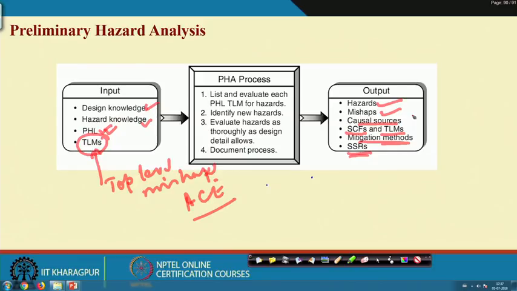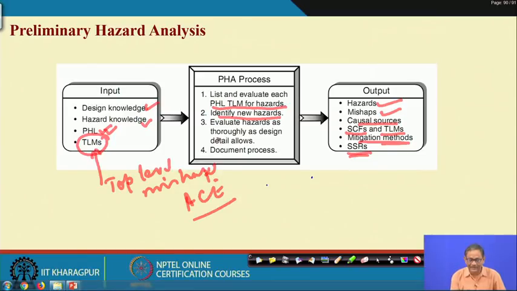And how do you do this PHA process? List and evaluate each PHL top level mishap for hazards. You have PHL 1, PHL 2 and so on. In the missile system there are 50 preliminary hazards, and for every PHL there will be some top level mishaps, so you have to list all of them. Then you find out if there are any new hazards.